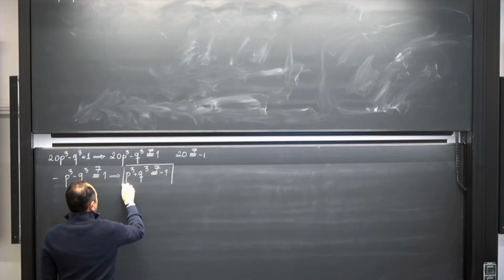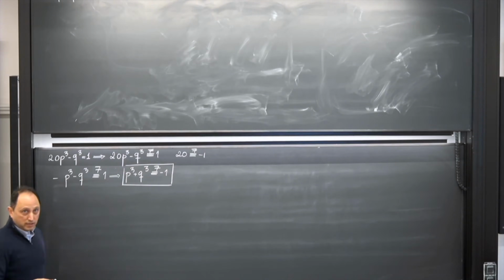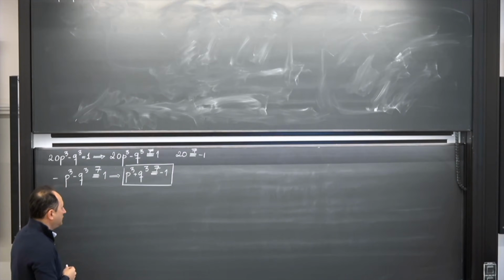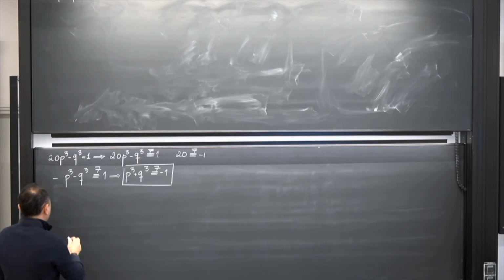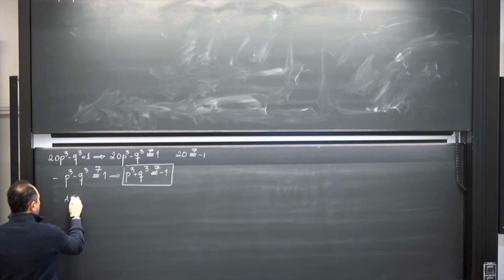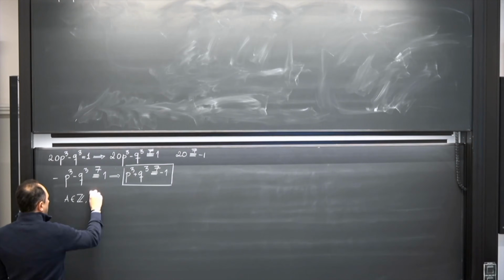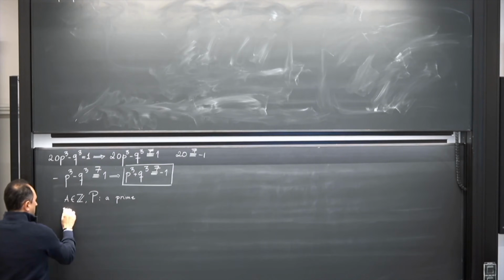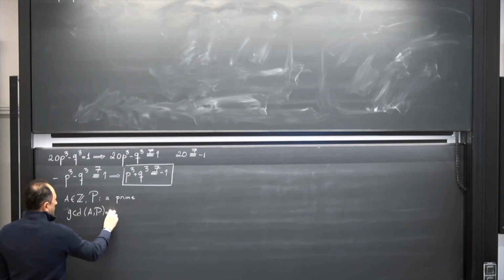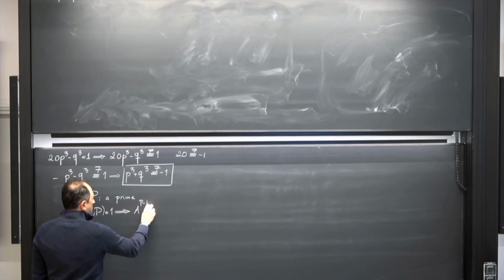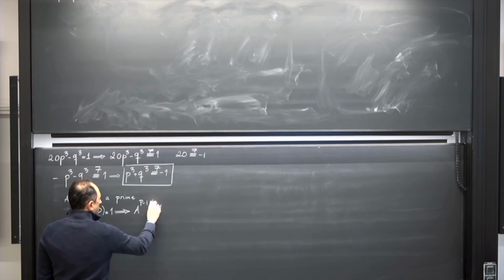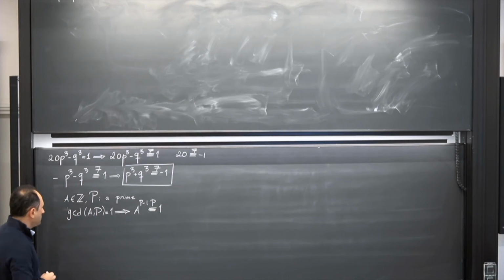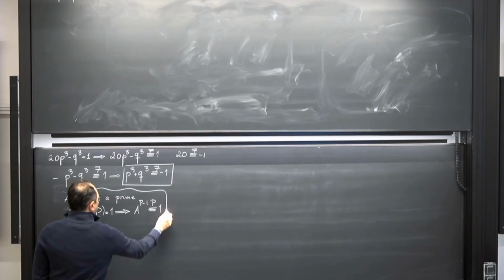Okay? But now let us use, as I gave you the hint, Fermat's little theorem, which tells you that if A is an integer and P is a prime so that the GCD, the greatest common divisor between A and P, is equal to 1, then you can conclude that a to the power p - 1 is congruent to 1 modulo the prime number P. So this is the content of Fermat's little theorem.